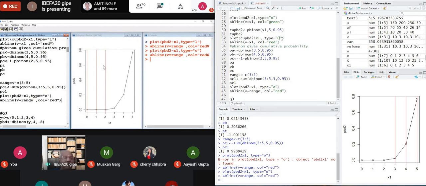You have seen the answer now. Suppose somebody asked me, cancel the sum and see the answers. P binom. Now see the output. What is the first probability? What is the meaning of the first probability?